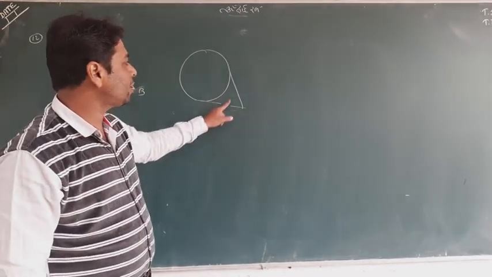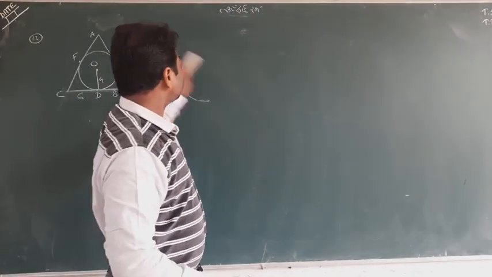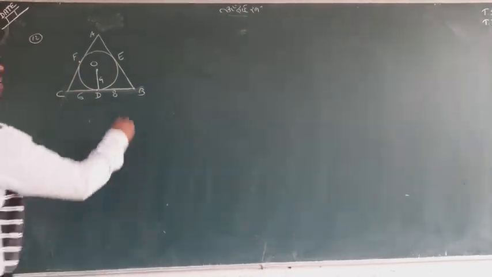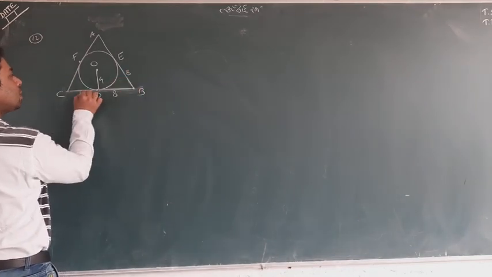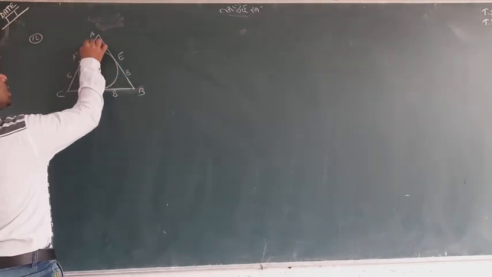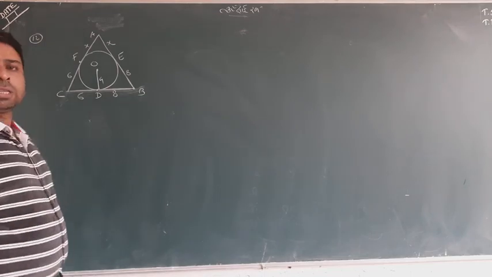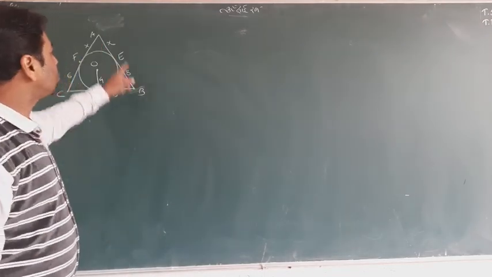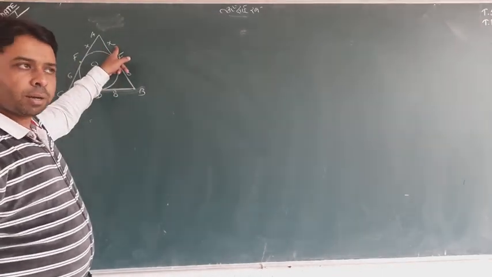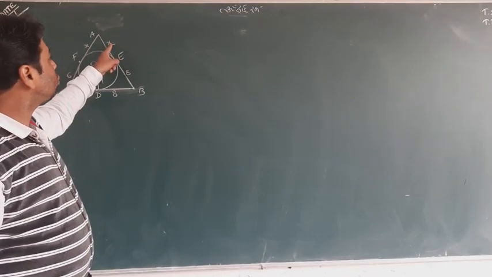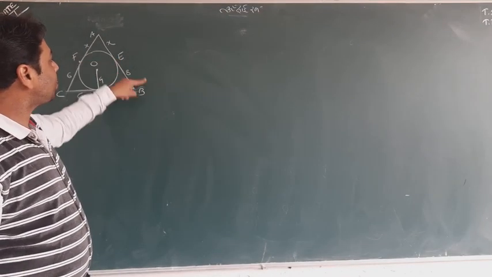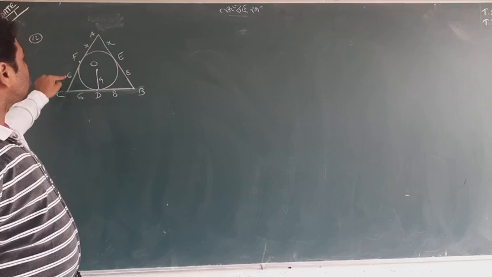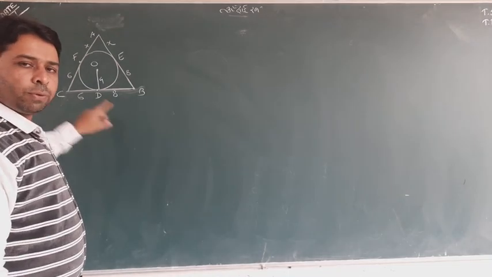So these two lengths are equal. So students, this is 8, so this is also 8. This is 6, it is also 6. Suppose it is x, it is also x. Now we have to focus on x only, because if you know x, you can add these two and find AB. If you know x, you can add 6 and you can get AC. So we'll focus on x only.